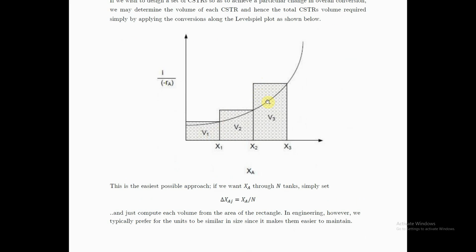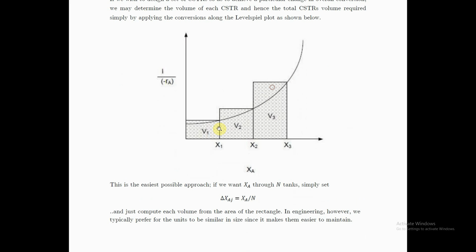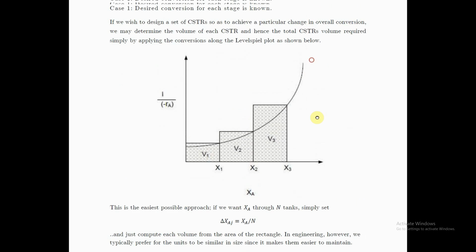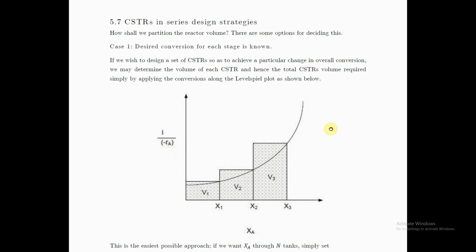So I guess we've talked about this. As you do this, you are able to get lower volumes, and as you increase your number of reactors, you are getting a much more efficient operation. And so we are starting to get the best of both worlds now. We said CSTRs are nice and easy to construct. You just need a pot and a stirrer, so enough agitation, and then you are able to start that reaction.